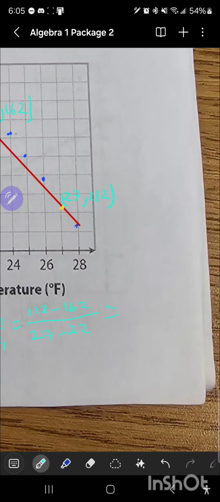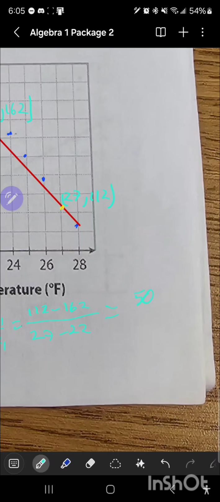They are not multiplying. They are subtracting. When they have different signs, we subtract the smaller one from the bigger one. So it will be 162 minus 112, which is 50.